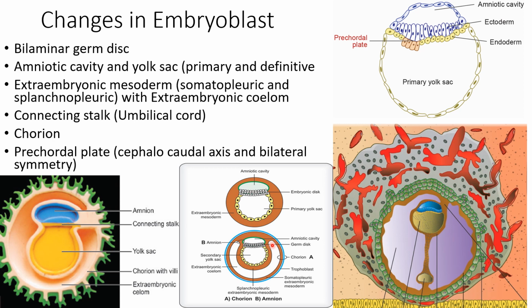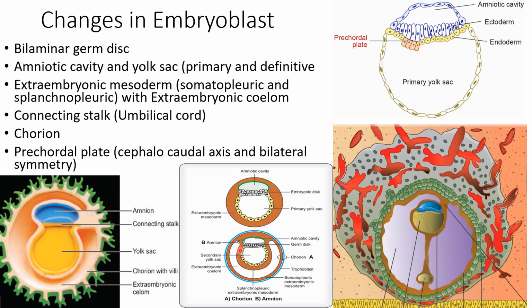This cavity is known as extra embryonic coelom, and it will divide the extra embryonic mesoderm into two parts. So the splanchnopleuric extra embryonic mesoderm is one which is lining the yolk sac.